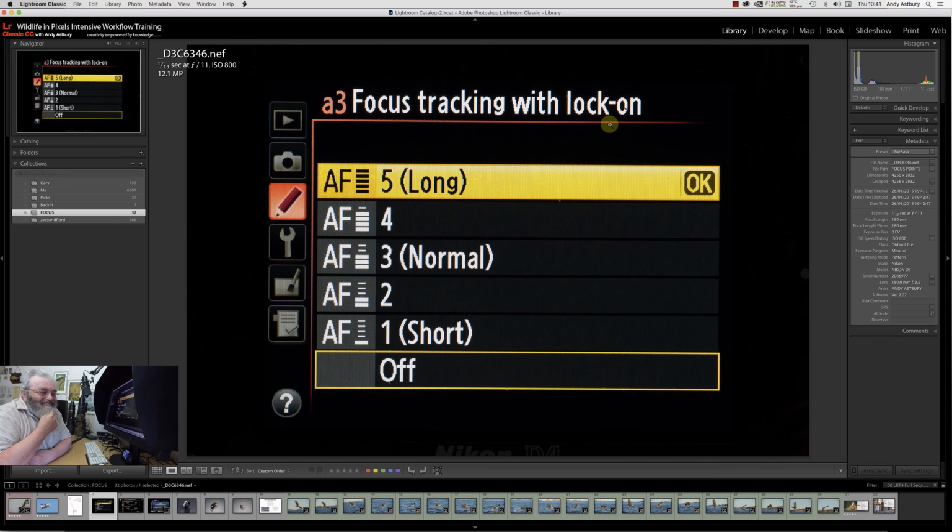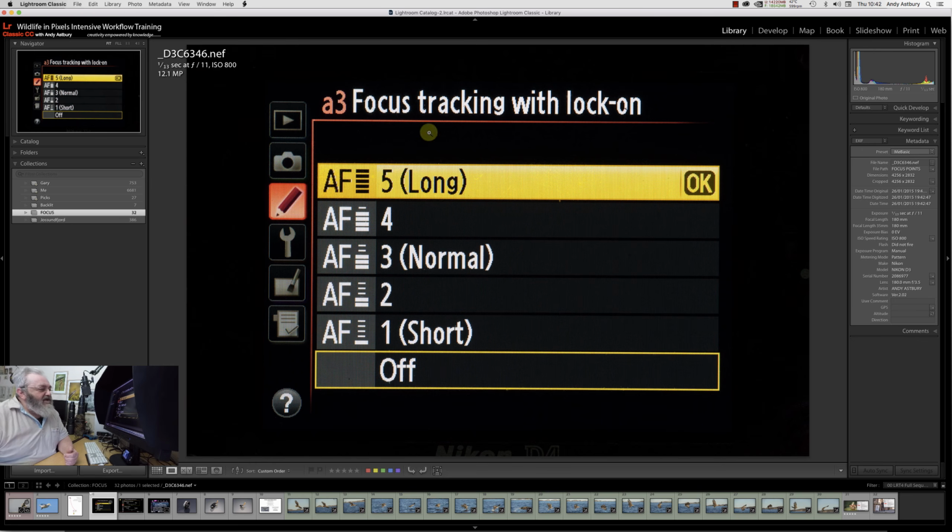But fundamentally what this means is, if we are focused on a subject at X distance and another subject transects our line of sight to our subject, does the camera try to grab focus on that new subject?